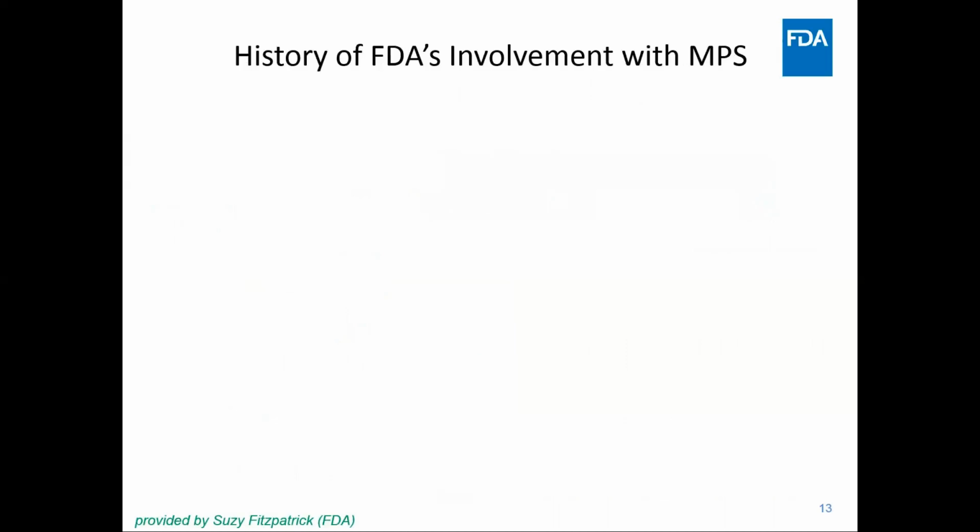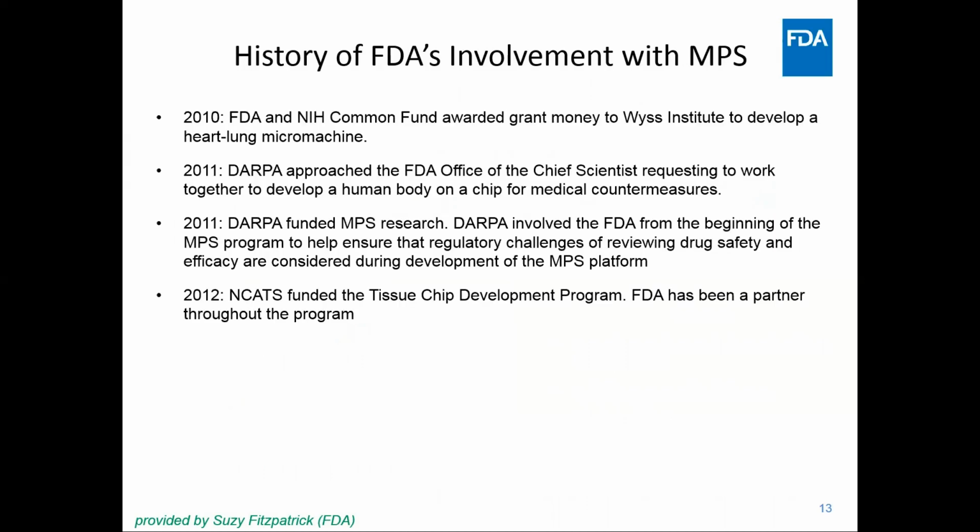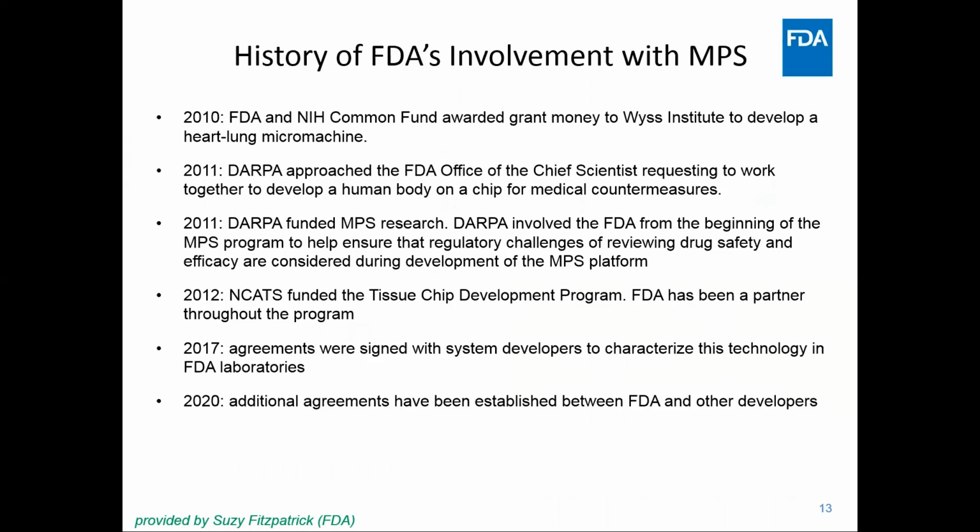So just giving an overall overview of the history of FDA's involvement with microphysiological systems, it started very early in 2010 when the concept of organs on chip and microphysiological systems started happening. And we were very much involved since then with NIH, with DARPA, with NCATS. And recently in 2017, we started signing agreements between FDA labs and developers of these systems to evaluate these systems in our labs.